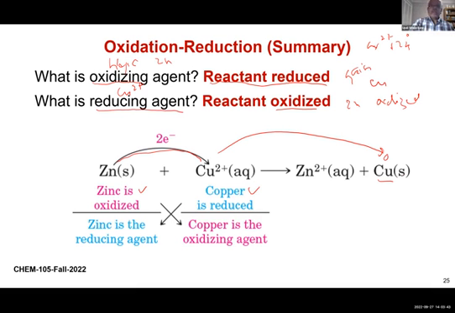When zinc loses electrons, it becomes zinc 2 plus.